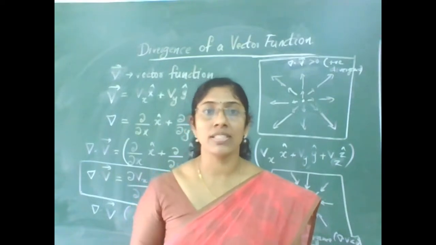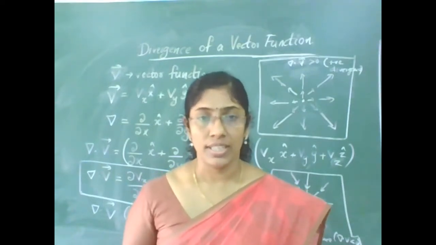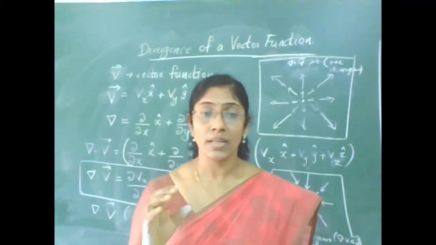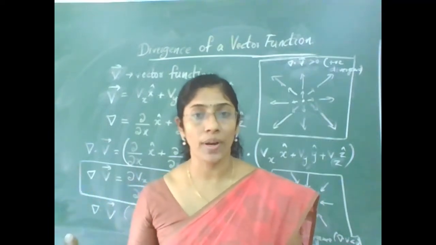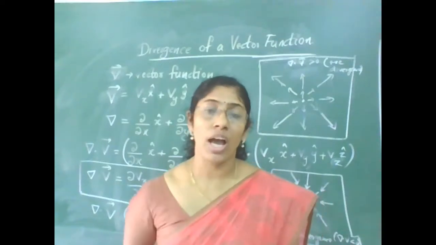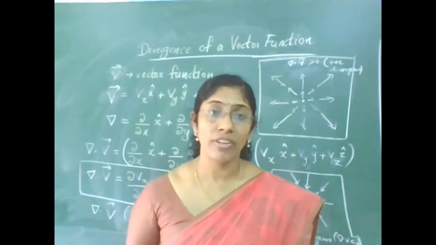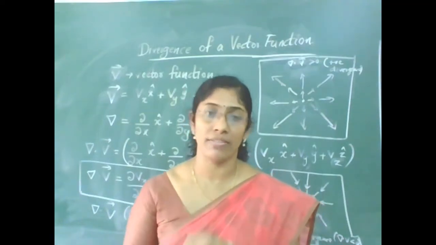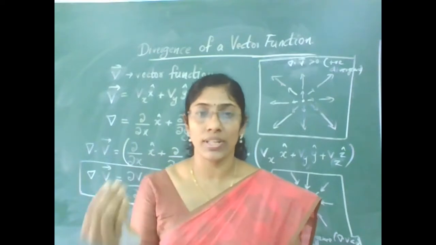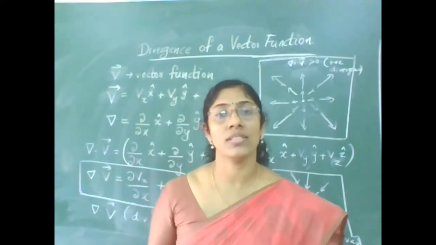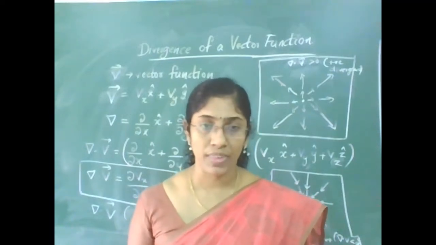So, the divergence of a vector function. Divergence is an operator. It has meaning when it is operating on a particular vector. I already posted a video explaining the significance of divergence, or the physical situations where we come across the divergence of a vector function.